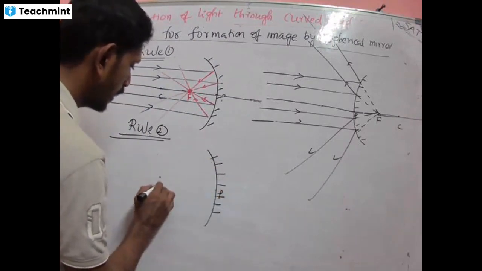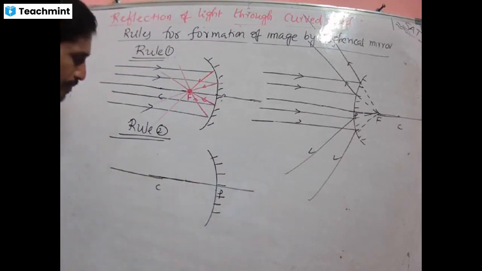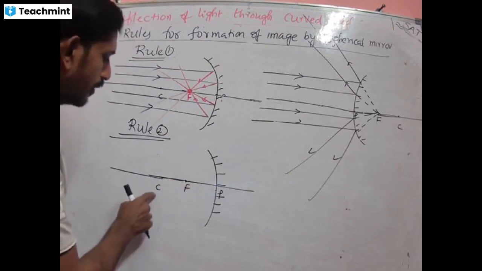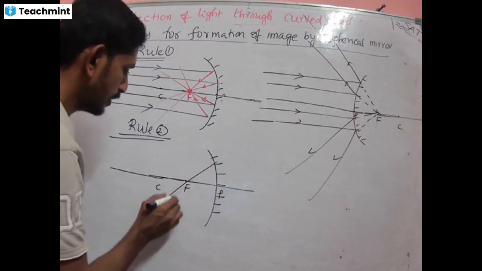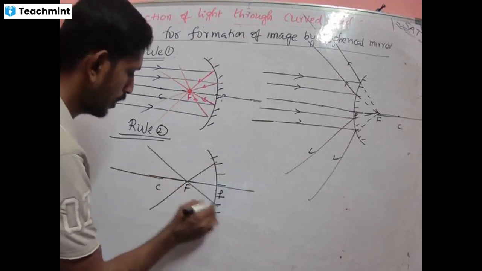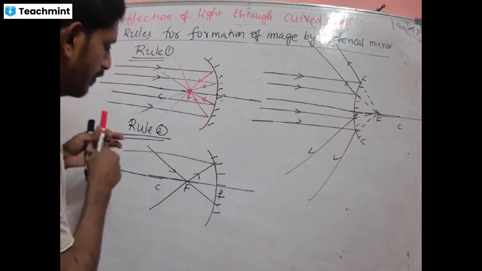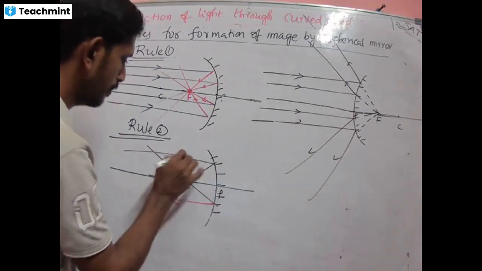This is the center of curvature, and this is the line joining the pole and center of curvature. Now this is the focus, exactly the midpoint of the center of curvature and the pole. Now the rays which are passing through the focus, after reflection, become parallel.